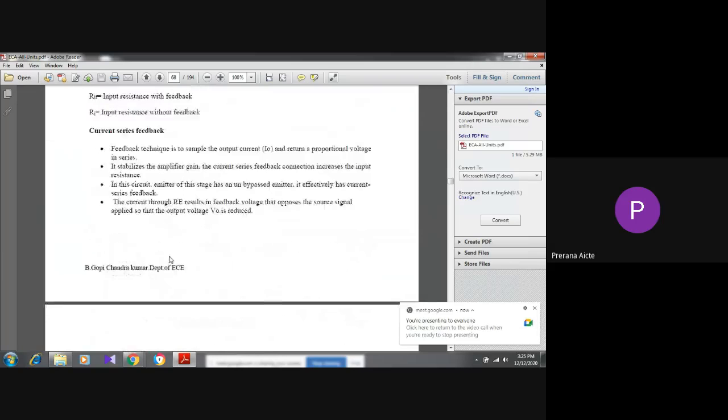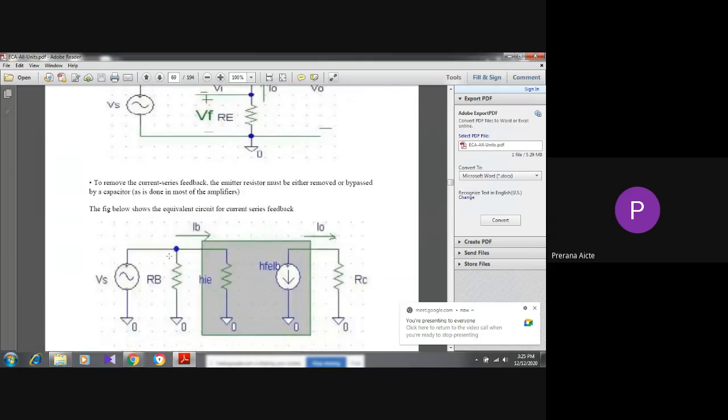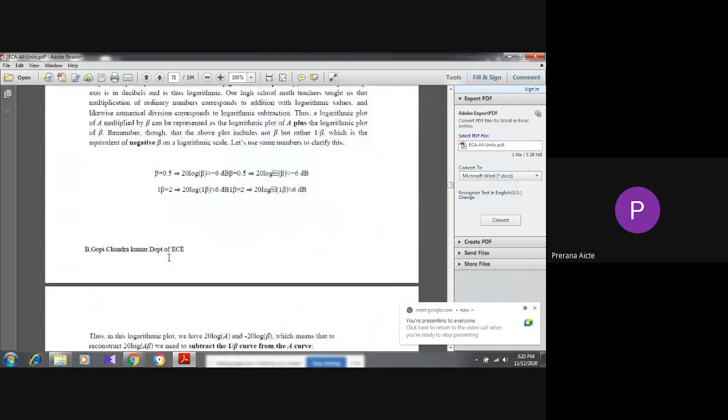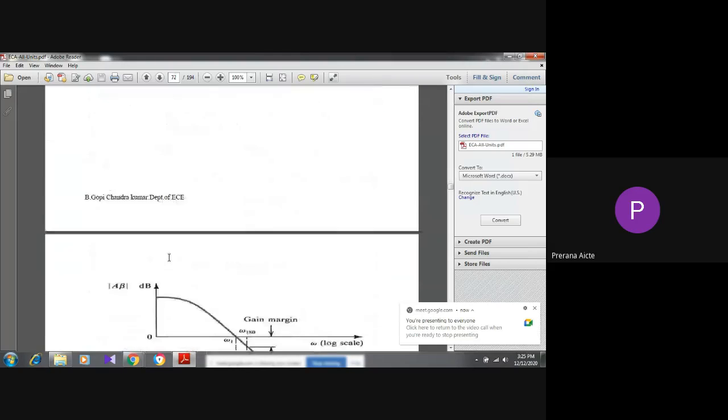Then current series feedback and current shunt feedback. And these are the formulas and the responses, gain and phase margin.